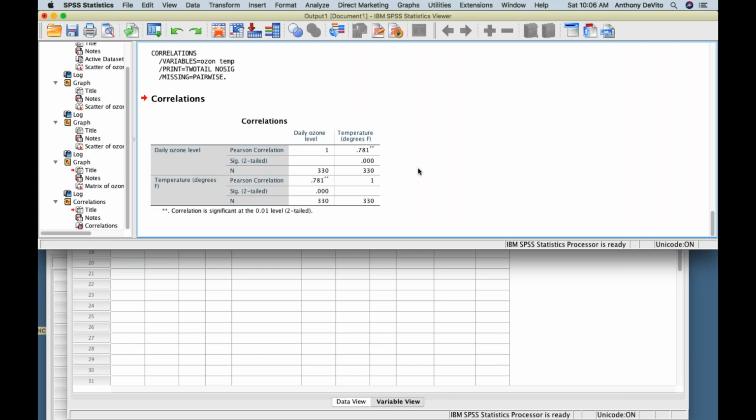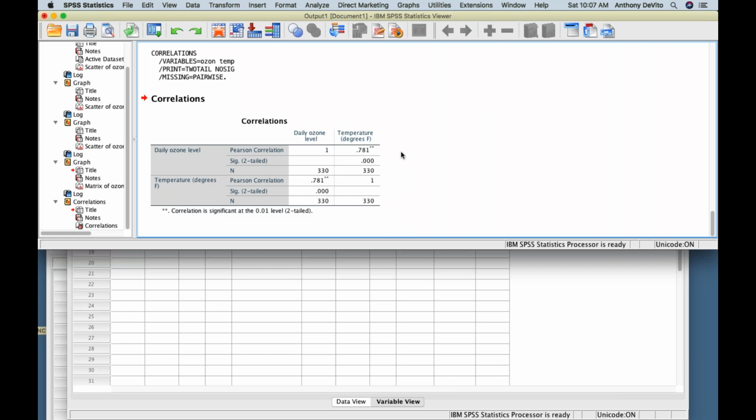In other words, as the temperature goes up, the level of ozone in the air goes up as well. Seems reasonable, right? In summertime, we have more issues with the ozone level than we do in the wintertime. So that's an interesting association, right? And it looks like a very strong association, right? That's a number that's pretty close to 1, right? So it's a strong positive association.